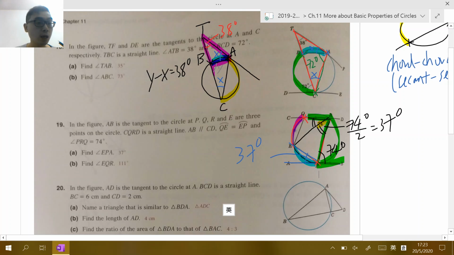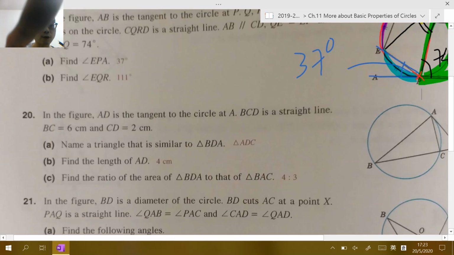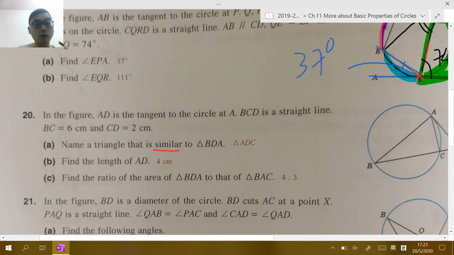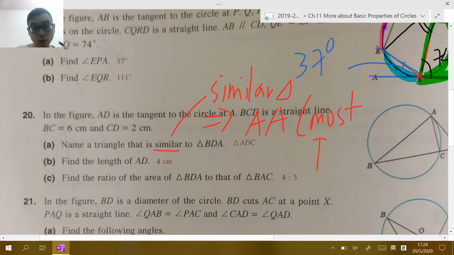I hope these two hints give you the idea of how to do questions 18 and 19. And for question 20, this is not a very difficult question, but do remember that when we want to talk about similar triangles, as your subject teacher mentioned, we always want to use AA. Most probably we will use the reason AA. That means you need to find two pairs of equal angles.